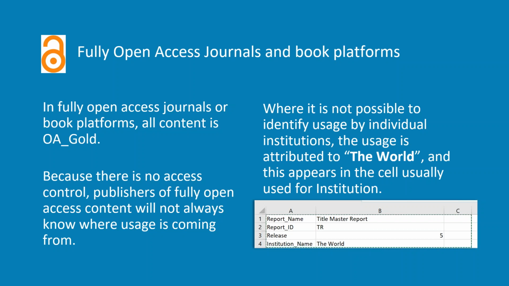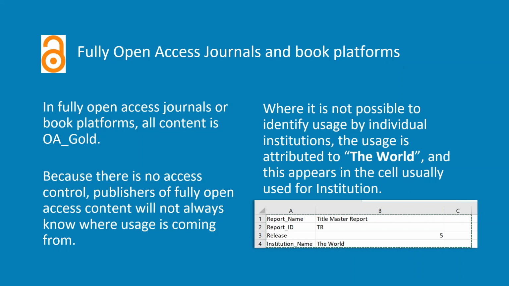But because institutions are increasingly funding transformative agreements, read and publish agreements and so on, they are interested in the wider picture. And I think at the moment we only have one fully OA publisher who is compliant with the Release 5 Code of Practice. But there are many more knocking on our door and planning to implement COUNTER.